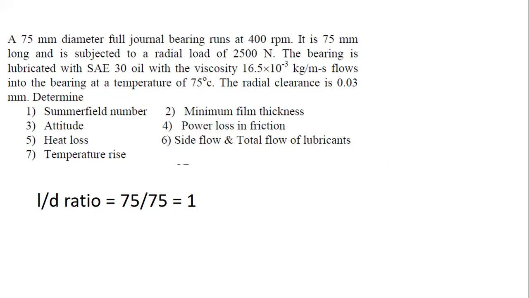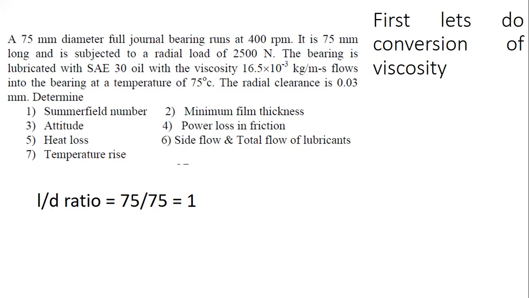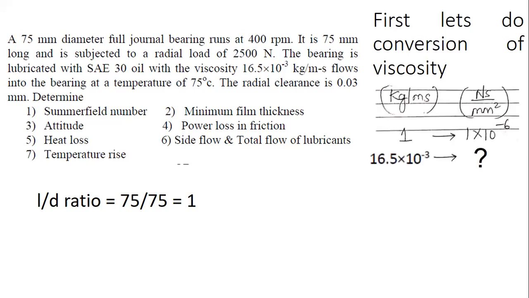So the L by D ratio is a dimensionless parameter. The first dimensionless parameter always in the Raimondi-Boyd method is the L by D ratio. Without this, you cannot proceed, because if you want to go through the table, you first have to find out the L by D ratio. I'll show you how. But before that, let's do the conversion of viscosity.